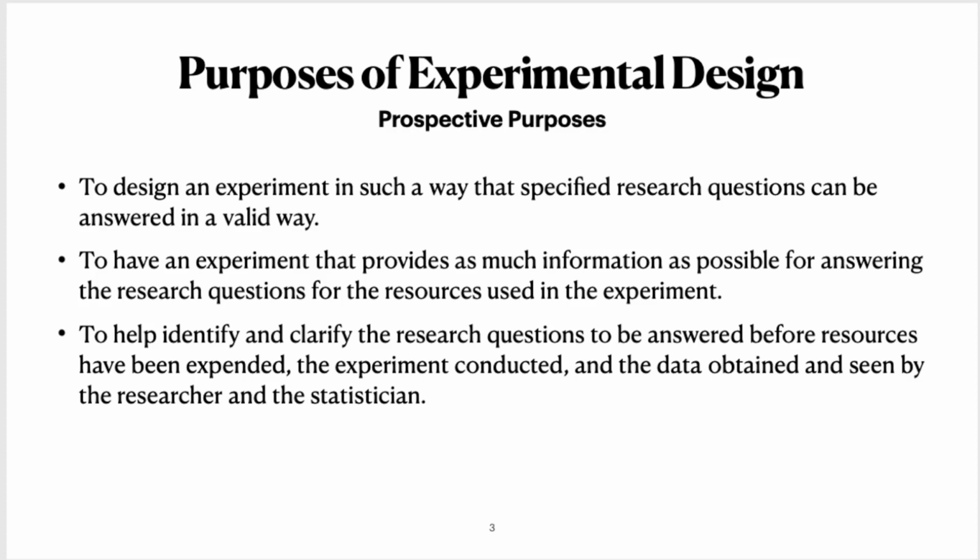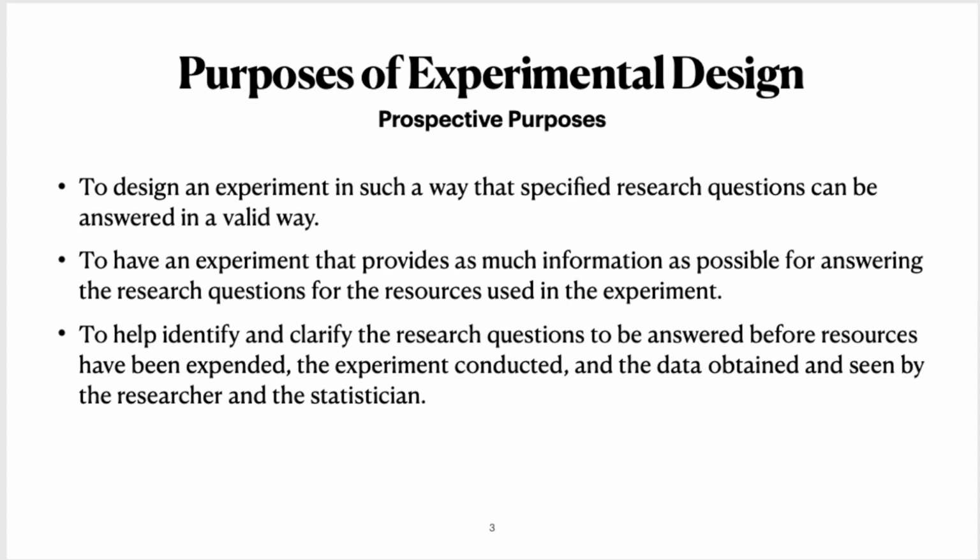Now, the second prospective purpose would be to make sure that we have an experiment that provides as much information as possible for answering the research questions for the resources used in the experiment. Now, if you are a researcher conducting your own experiments and you're taking this class wanting to learn something about experimental design, certainly a researcher is wanting to get the most bang for the buck.